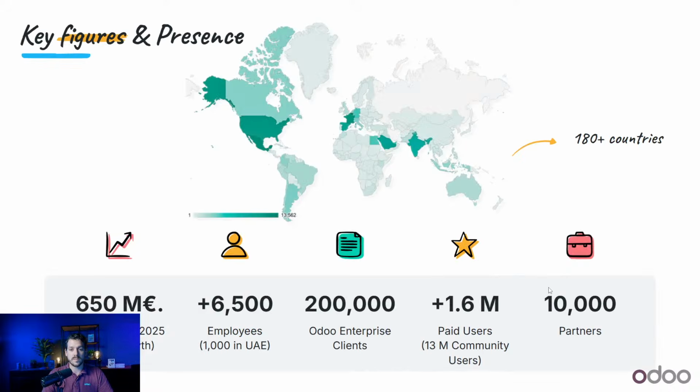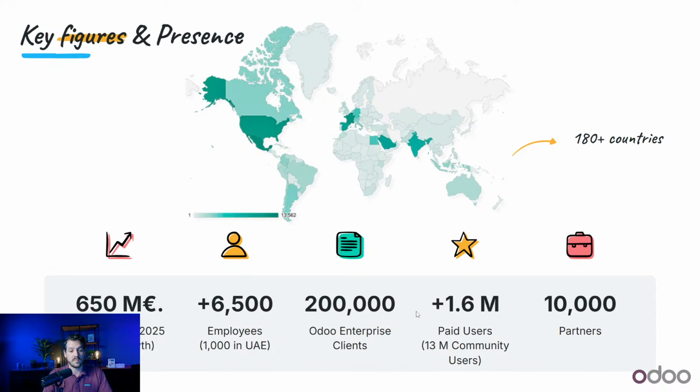So Odoo, in terms of numbers, as you can see, is used in more than 180 countries, and last year we had revenues that reached 650 million. We had more than 6,500 employees. Now we are at more than 7,500.